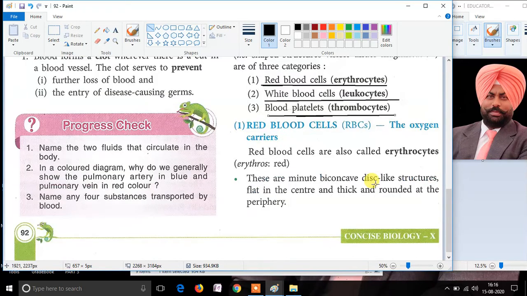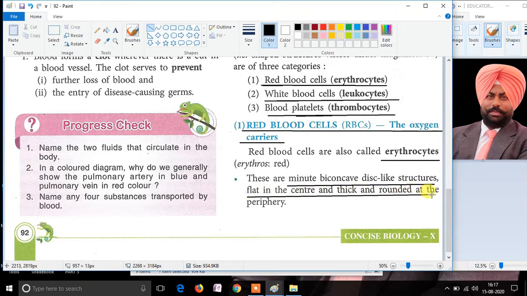The first cellular element in the blood is the red blood cells, known as erythrocytes. These cells are the oxygen carriers; they carry oxygen with them. Erythrocytes have a biconcave, disc-like structure, flat in the center, thick and rounded at the periphery. Periphery means the outer portion.